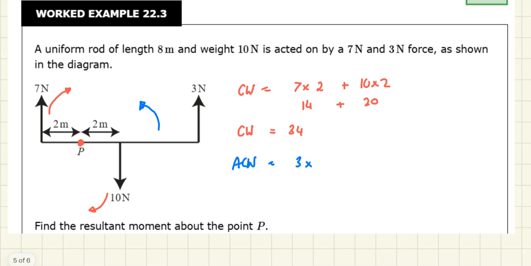Obviously, that whole thing, that's the middle, so that's going to be 3 times 6, which is 18. So 34 minus your 18 is 16 Newton meters, and it's going to be clockwise.